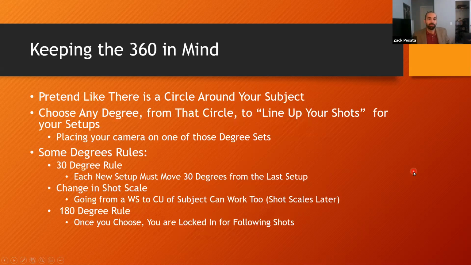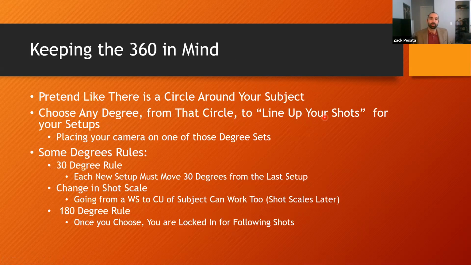Okay, so keeping that in mind, pretend there's a circle around your subject. Choose any degree from that circle. Don't really worry about this, but some things to introduce are the 30-degree rule, change in shot scale, and the 180-degree rule.